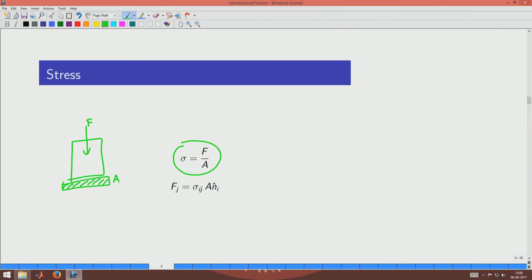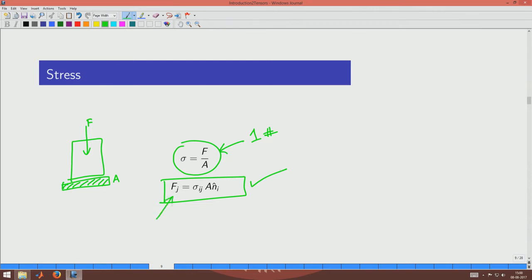So, very often people remember this expression as if only one quantity is required. So, maybe stress is a scalar, but that is wrong, because technically the correct way of defining the stress is like this. Okay. The reason is that whenever you want to define stress, we need to remember that there are two directions involved.